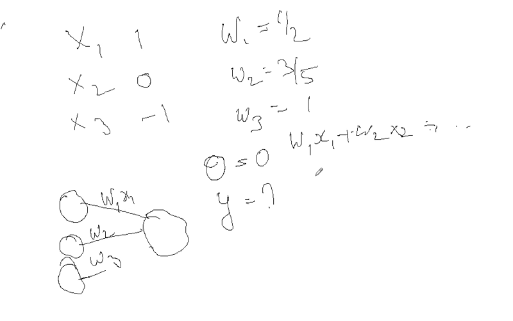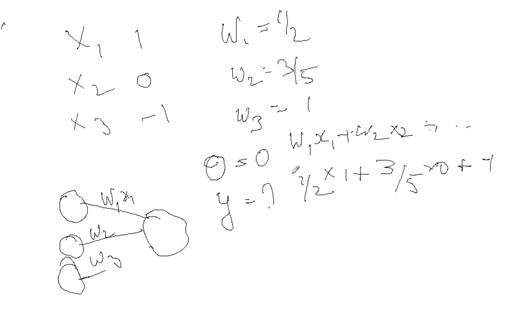So it will be half into x1, which is 1, plus 3 by 5 into 0, plus 1 into minus 1, that is minus 1.